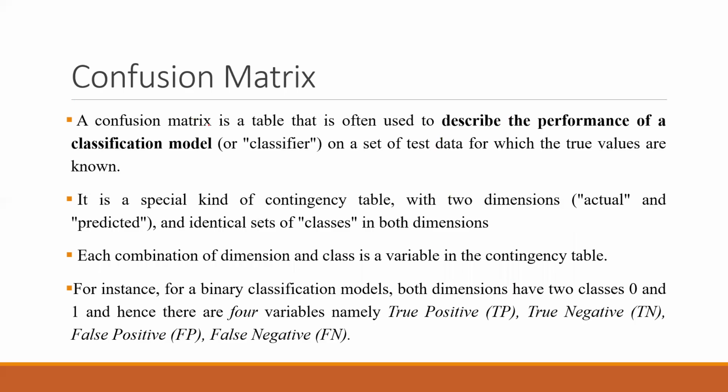Now let's see what's written. Confusion matrix is a table that is often used to describe the performance of a classification model or a classifier. In this we have the actual and predicted values. We can make a table, right? We have to deal with the TP, TN, FP, and FN depending upon what the values come out to be, and we will be calling them like that.